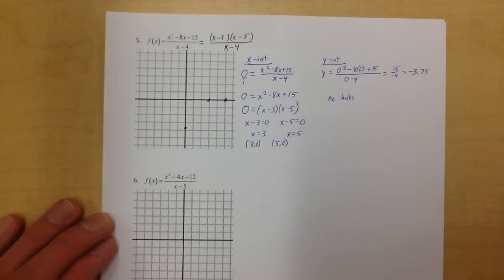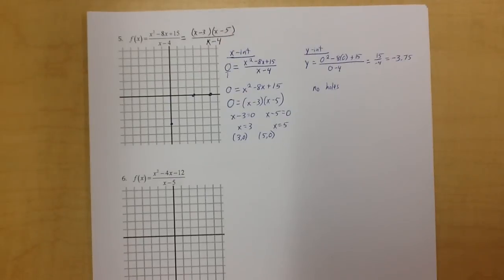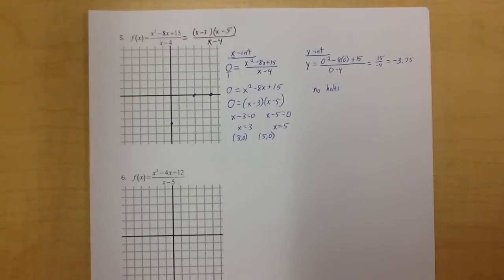But there are asymptotes. An asymptote, here's the rough definition. An asymptote is where it approaches something. I said this a minute ago, but it's where it approaches something but doesn't actually touch it.